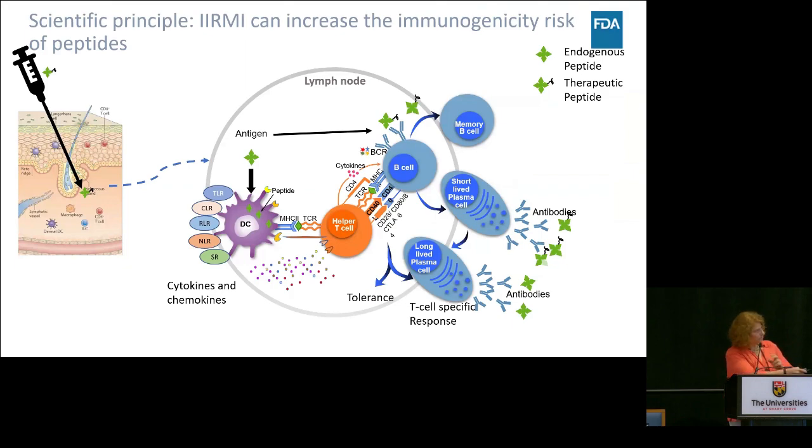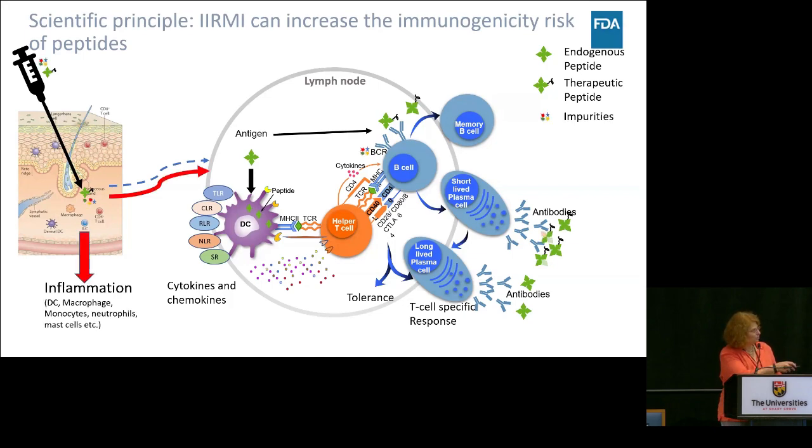So when we inoculate a product into tissue, there's a lot of immune cells that are embedded in the tissue. And a large part of the product is going to go straight into the draining lymph nodes. Some of it is going to be retained within the tissue and it's going to make contact with those innate immune cells. And maybe there's going to be an immune response, maybe not. Maybe there's going to be some antibodies produced.